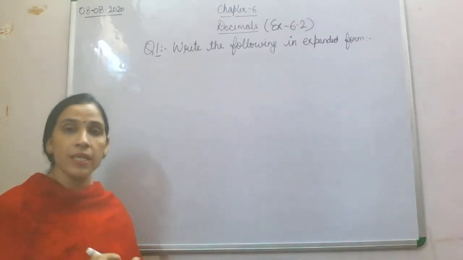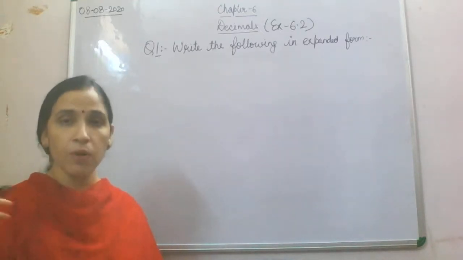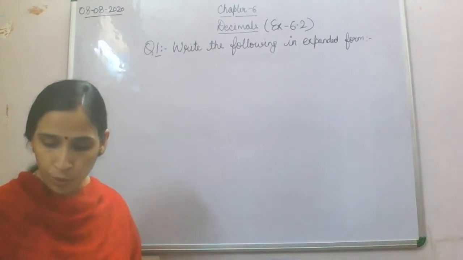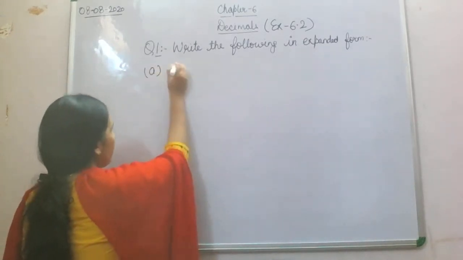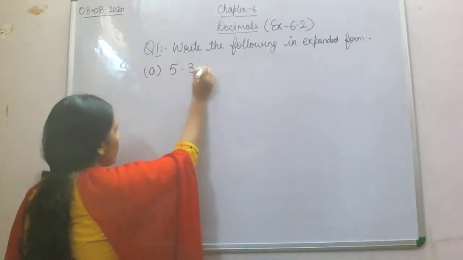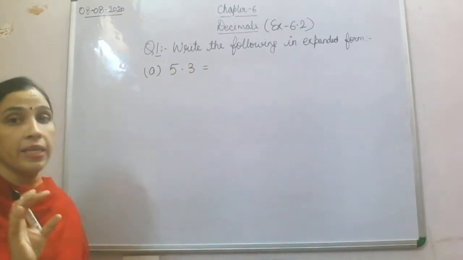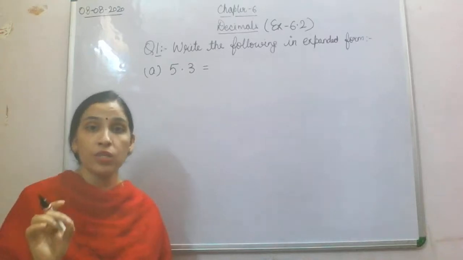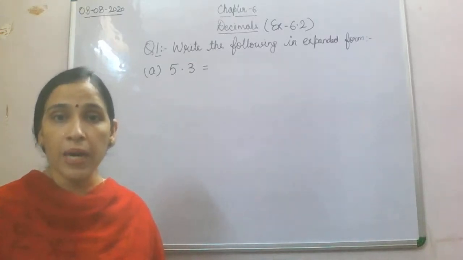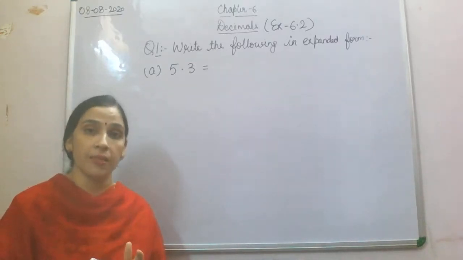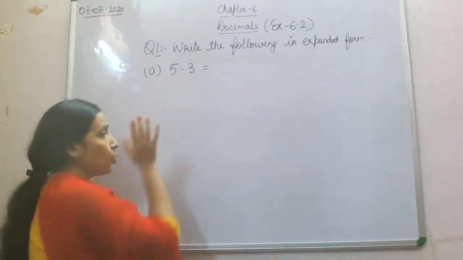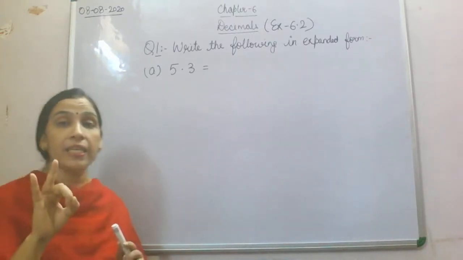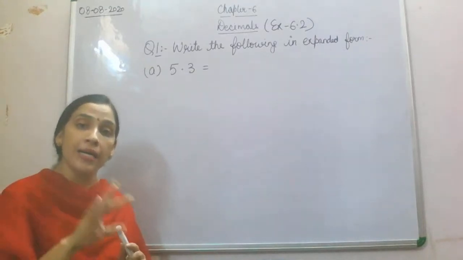So children, let's start with the A part of question number 1, exercise 6.2. A part is 5.3. Now the very important thing in this question is which number is your whole number part and which number is your decimal part. As you can see, 5 is your whole number part and 3 is your decimal part.